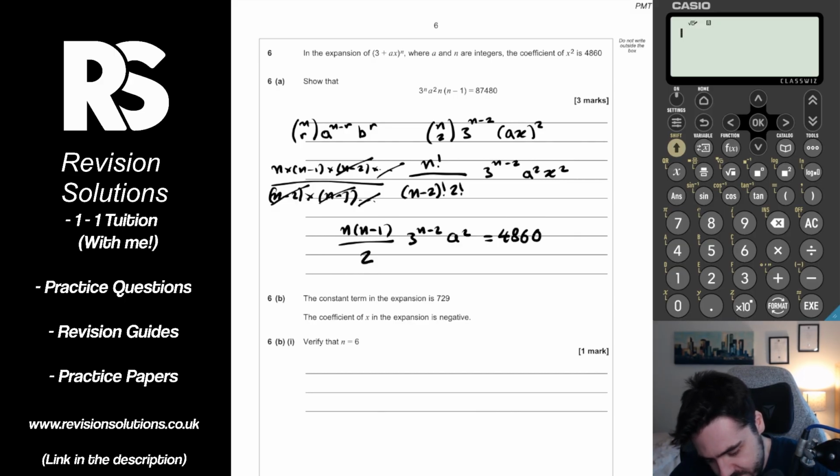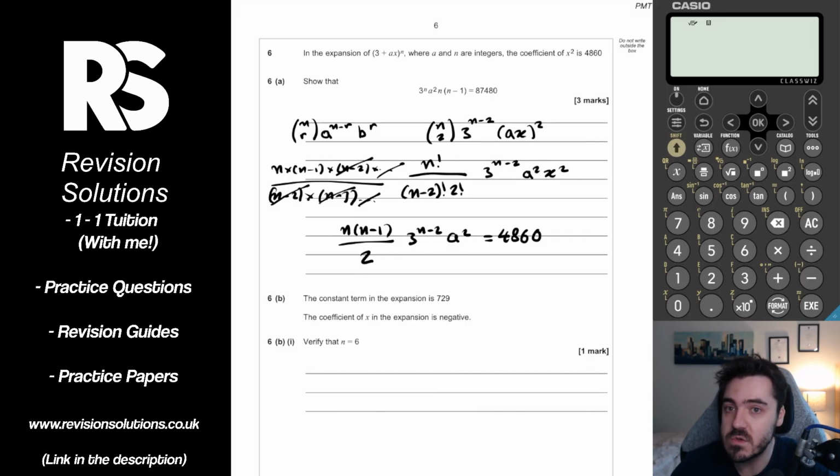So first off, we can get rid of this 2 here. And also we'll notice that they have 3 to the n, not 3 to the n minus 2 in their example. And if we think about what that really is, 3 to the n minus 2, we could write that as 3 to the n divided by 3 squared. So if I multiply both sides by 3 squared, or 9, I'm going to get rid of that minus 2 in the power there. And then it's also multiplied by 2.